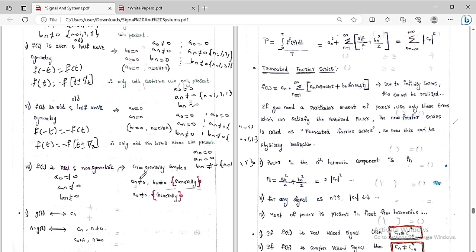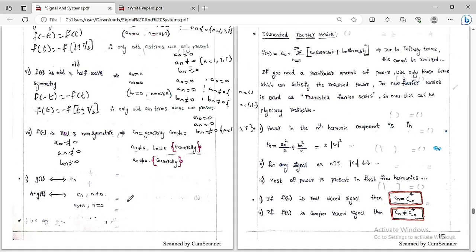As an is not equal to 0 and bn is not equal to 0, Cn is generally complex in nature. So if the signal is real and has no symmetry, then definitely a naught, an and bn are not equal to 0, so definitely Cn will be complex in nature.